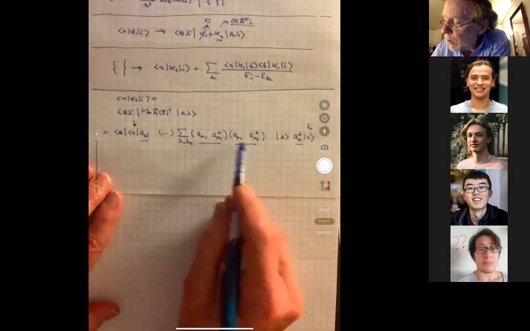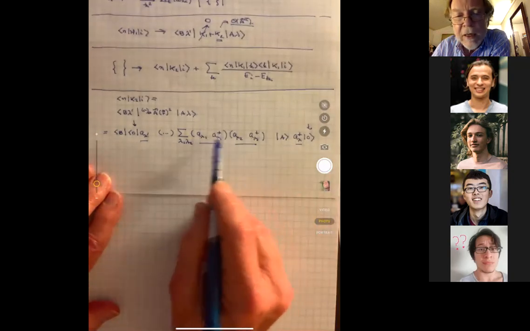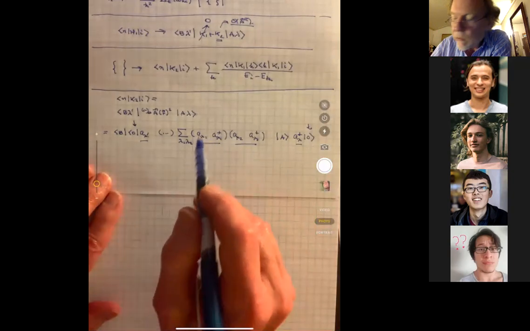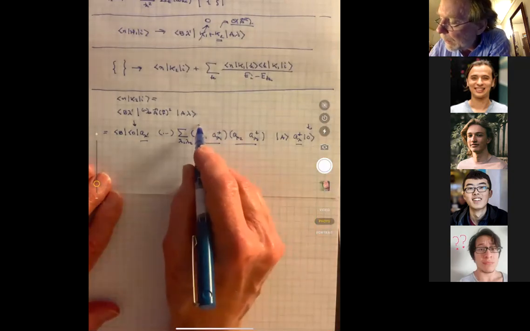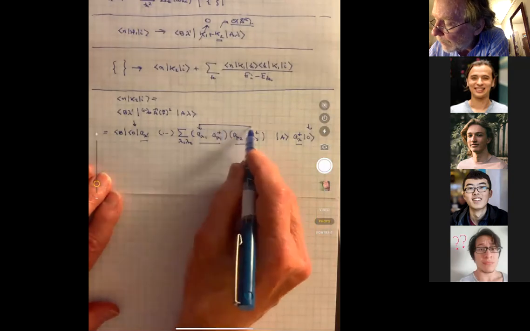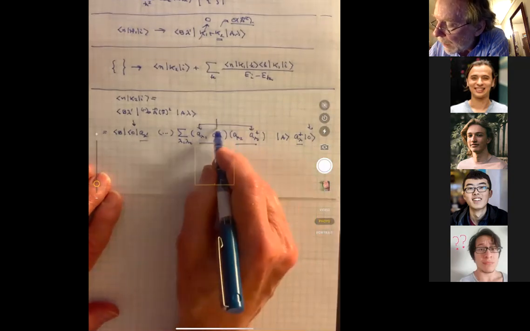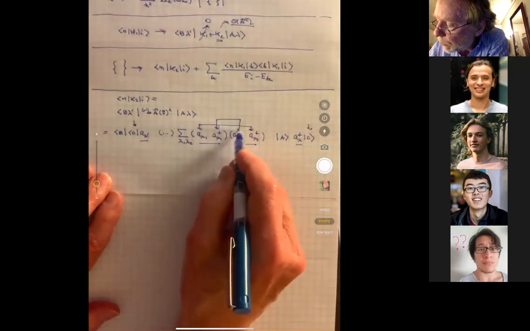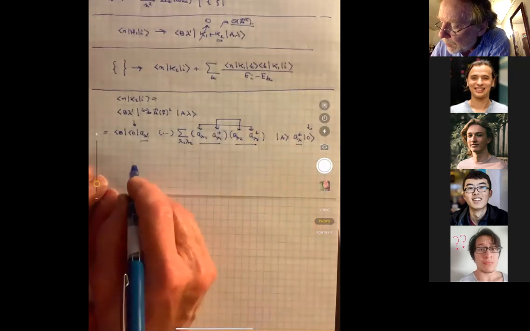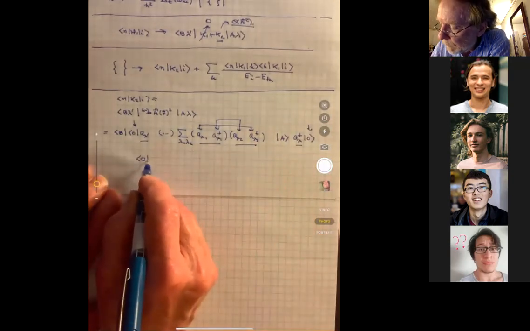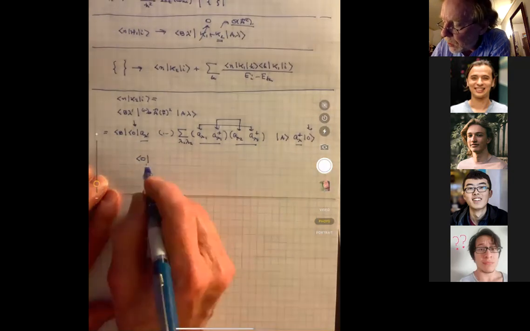So of these four terms that come from multiplying out these two Fourier series here, there's only two that will contribute. You have to have an A combined with an A dagger, or an A dagger combined with an A. Only those two products will work. And so there's two cases. If I just look at the vacuum expectation values, it looks like this.